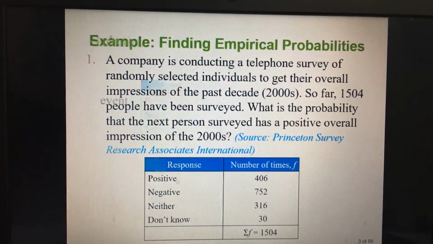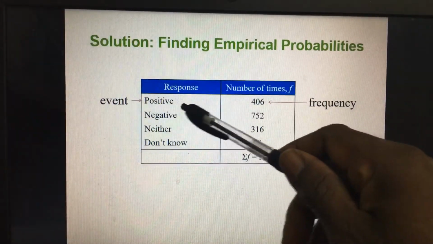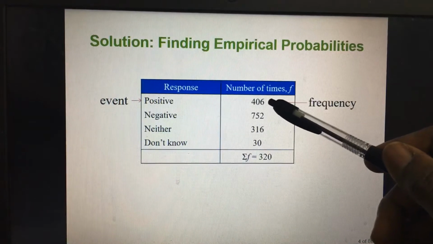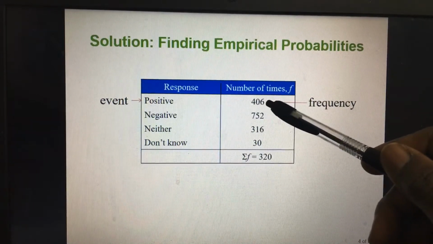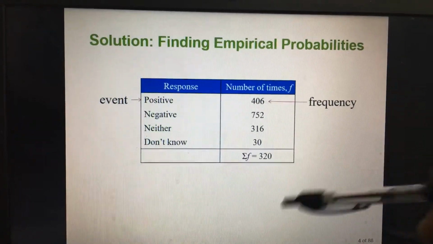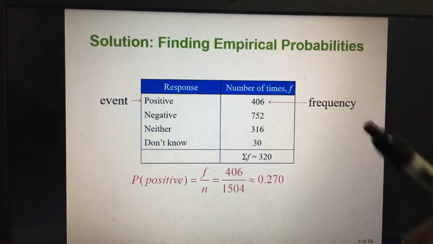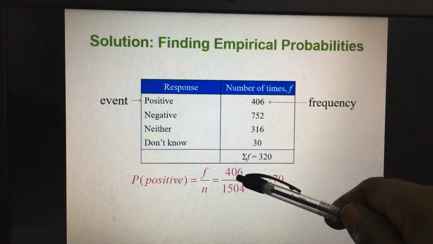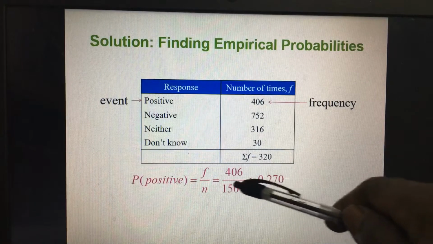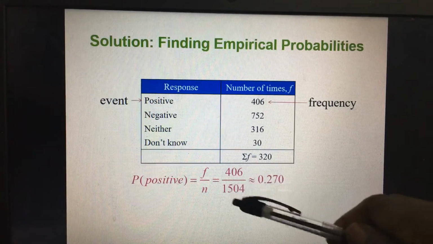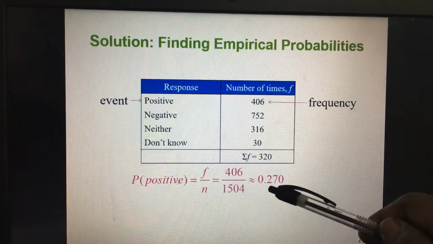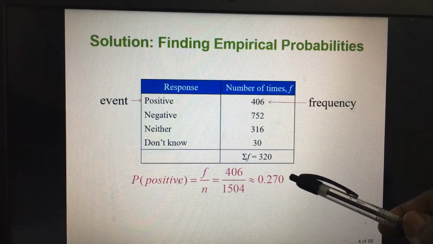That is what we have here. See the positive right here. So that we have it as 406 out of the overall total, which is 0.270.